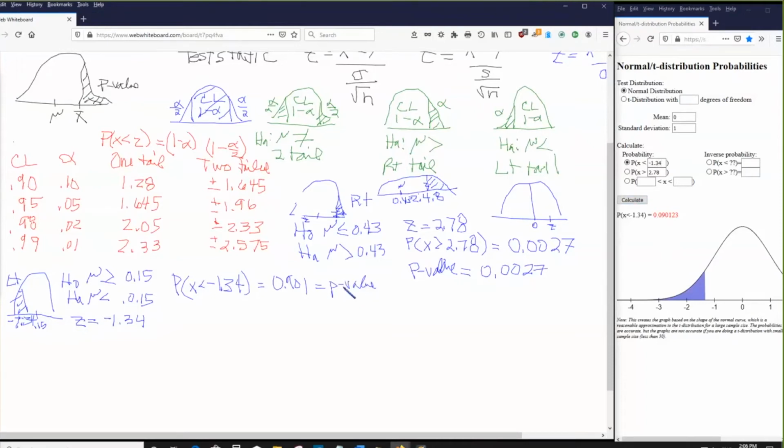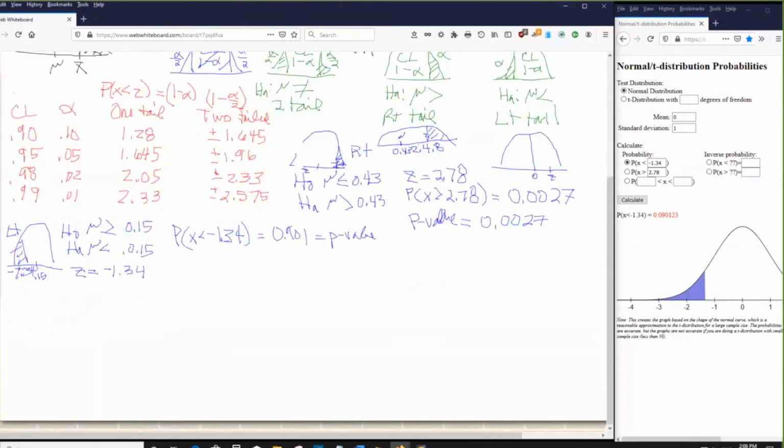Now, if I have a two-tailed test, let's say my H0 is mu equals 100. The alternative does not equal 100.